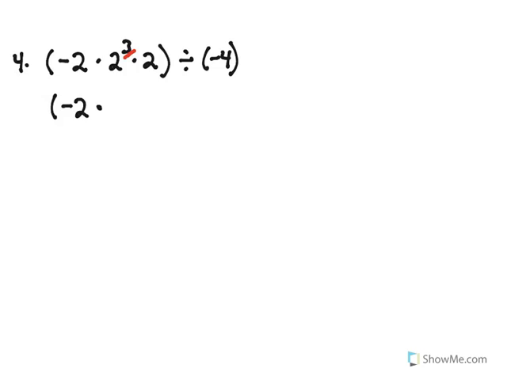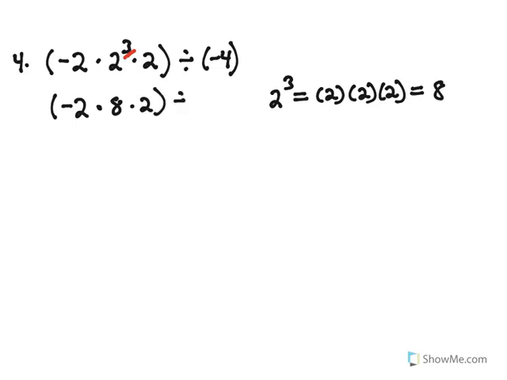Remember, 2 cubed is equal to 2 times 2 times 2, which in fact will give me 8, because 2 times 2 is 4, times 2 gives me 8. So we're going to replace that with an 8. And we really don't need this parenthesis, so we can just go ahead and rewrite it without it, because you're dividing by a negative 4, and that's the same thing as saying it without those parentheses. So you can justify that by just getting rid of them.